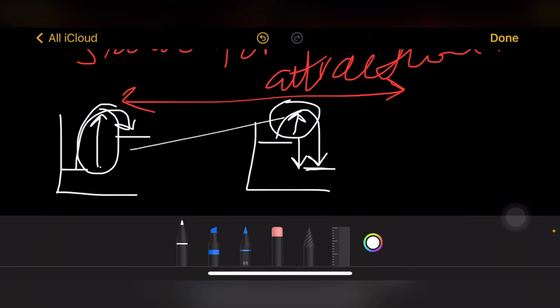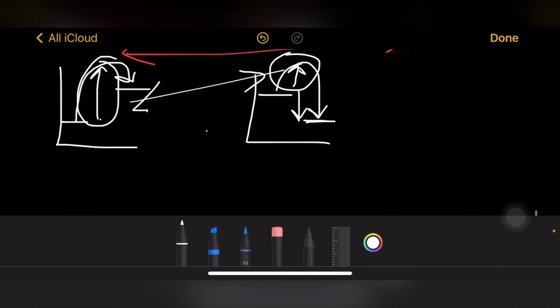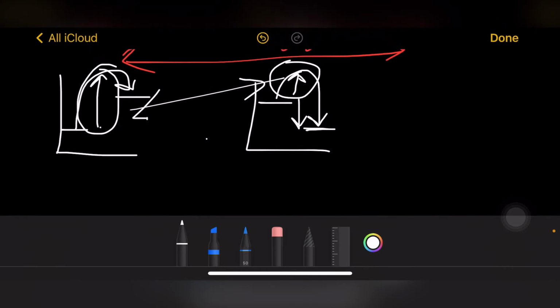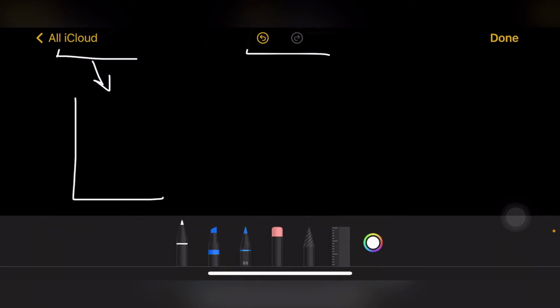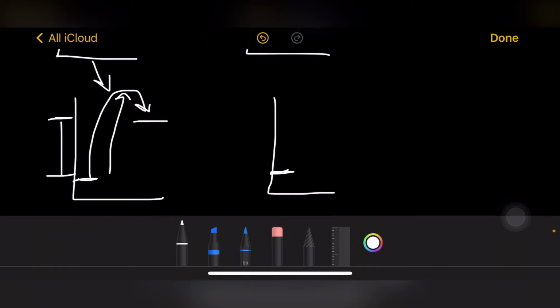So both of these reactions require an activation energy to start up a reaction. When a large amount of energy is required, it means that the activation energy is very large. So basically this is the enthalpy change. For example, taking this example, if one reaction has an enthalpy change of this much, it will require a higher activation energy as compared to the one which has a lower enthalpy change.